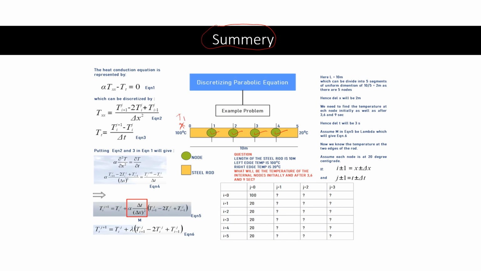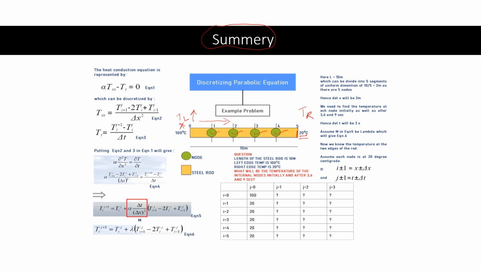This is your T left, and then the temperature will increase in this part and slowly move towards this part, and we know that at this edge T right, the temperature is at 20 degrees centigrade.